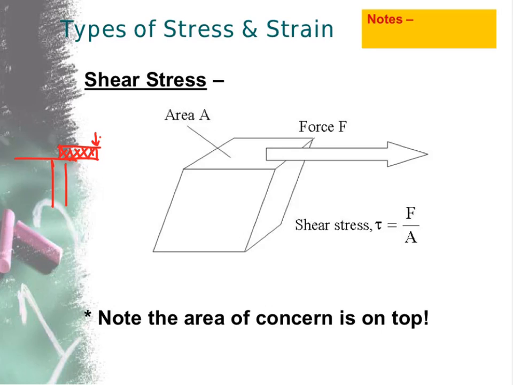What's going to end up happening is that this truss is going to do something like this. Okay? So that's why we called it a shear test, because we were applying a shear stress to our trusses and figuring out what was the maximum amount of shear stress the truss could withstand.